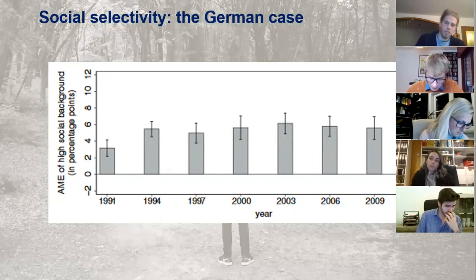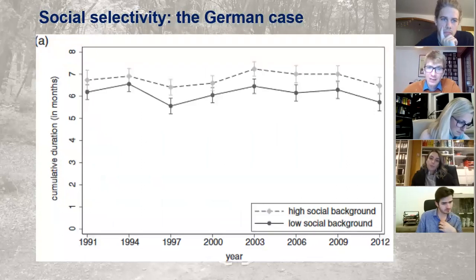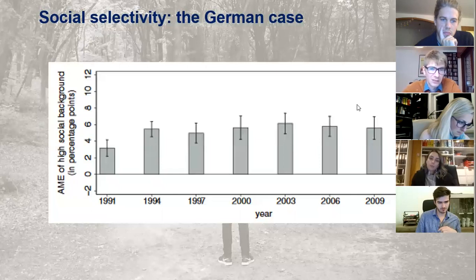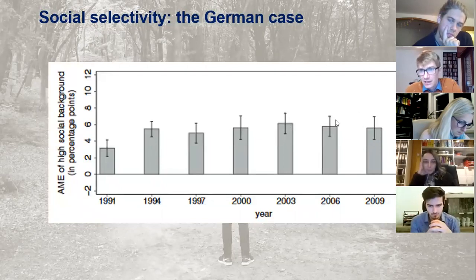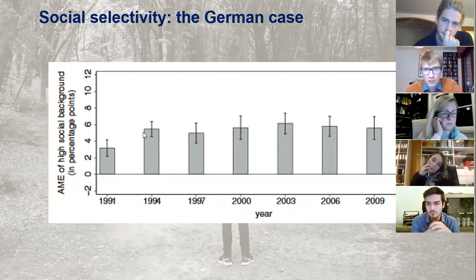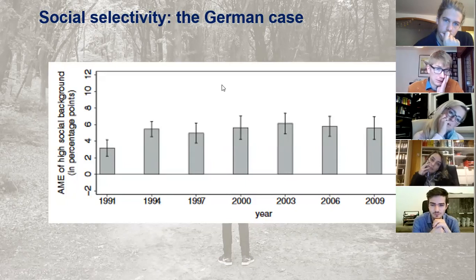Then it remained more or less the same, but we do not see really a decrease in social inequality over time. And here you see another graph, which is interesting. Here it remains rather stable, one can say.